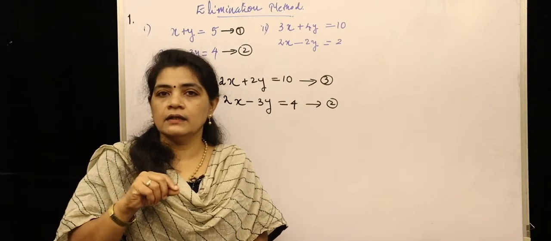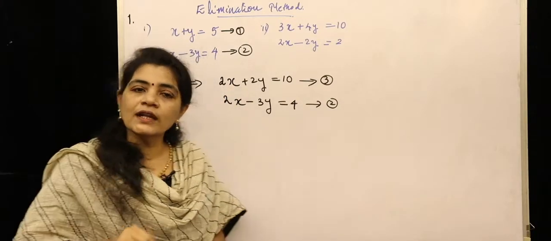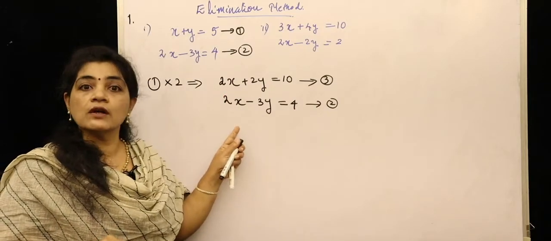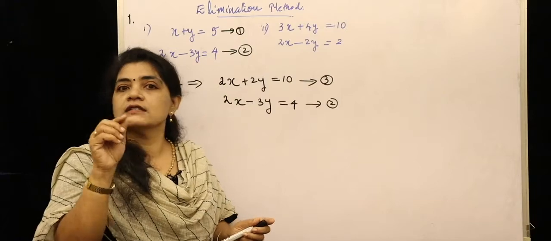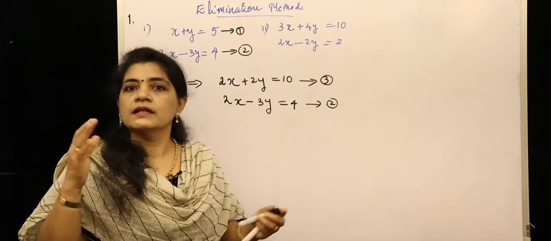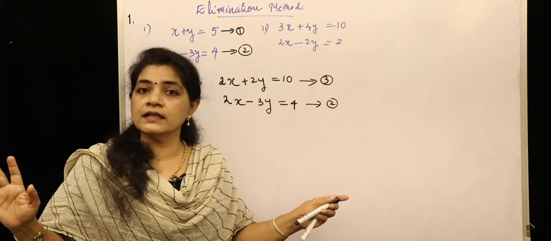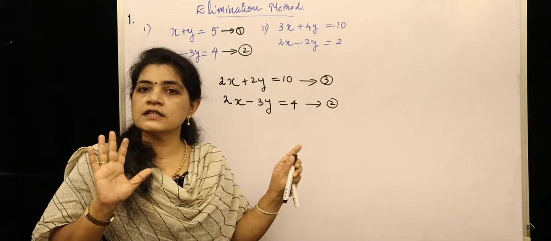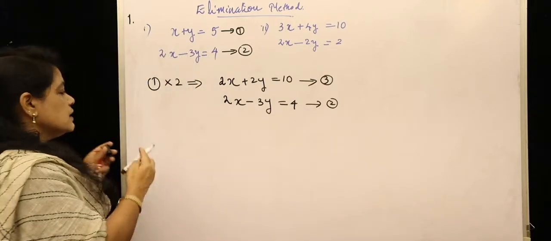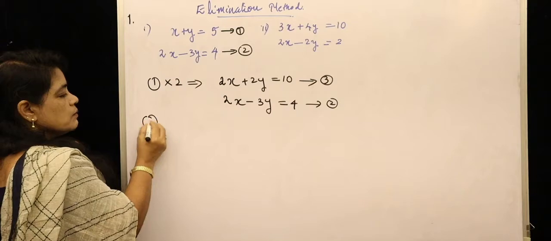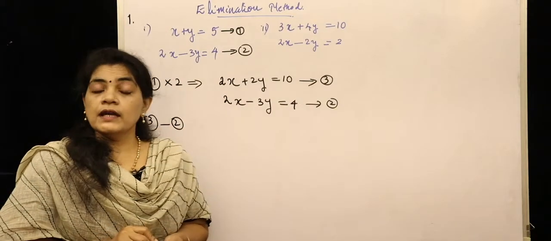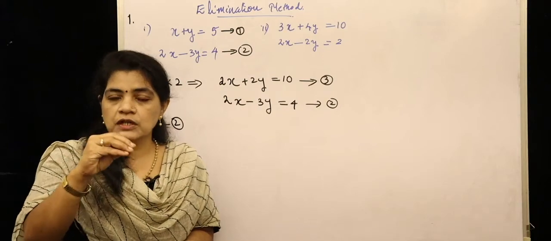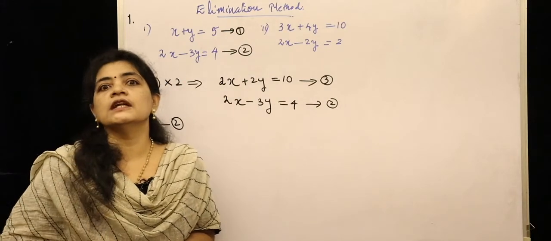We can eliminate this x term, 2x, only when we are subtracting 2x minus 2x. That is 0, that term gets eliminated, that is, the x term is not there. If you are subtracting, equation 3 minus 2 means the second equation must be subtracted from the third equation.